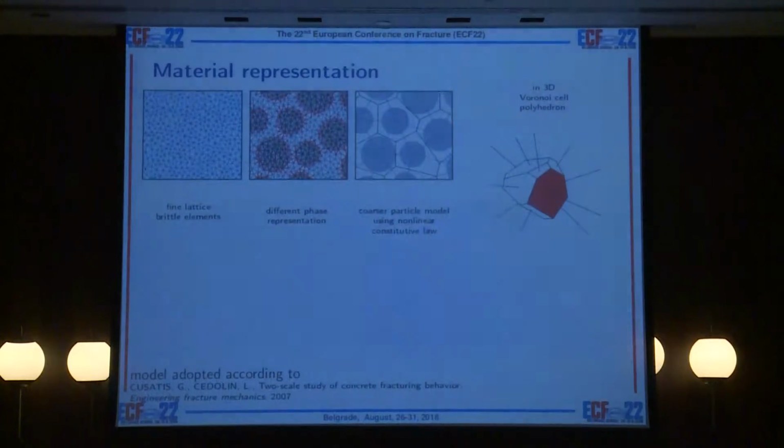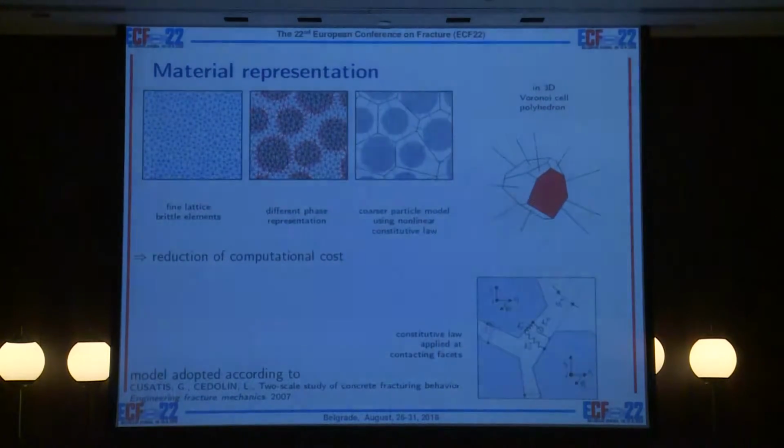It is important to know that the model is adopted according to the work of Professor Koussatis and his team. The idea behind using this particle model instead of a fine lattice model is saving computational cost. The particles are assumed to be ideally rigid, and their interaction happens only at the contacting facets.